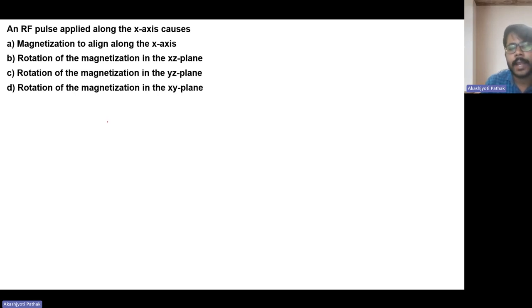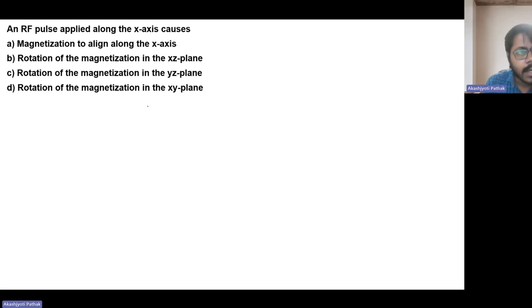So the RF pulse has been applied along the x-axis. The general assumption that we'll have to consider is that all the nuclear spins are in their equilibrium state. So the bulk magnetization overall is along the z-axis, right?